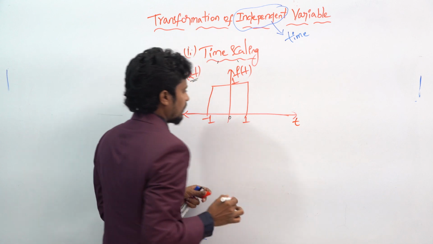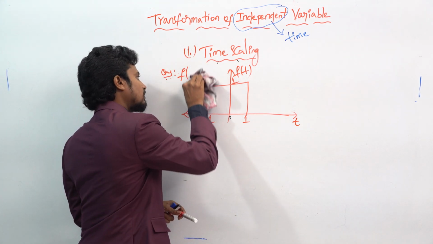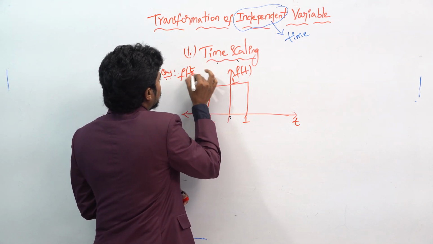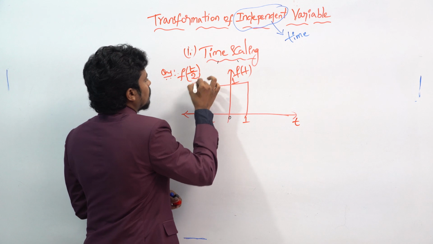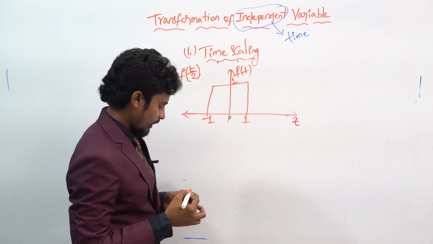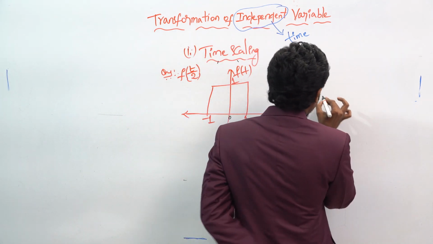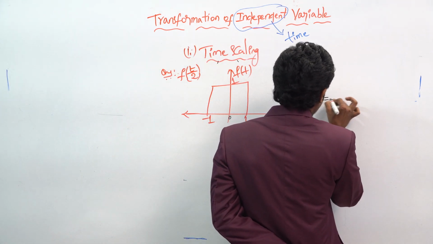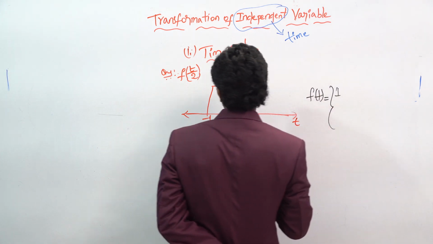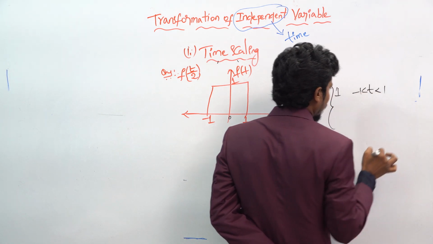So this will be the t, and here this will be t divided by 2. So what do we have to do? Here also you can write f of t will be equal to, the magnitude will be 1 and t in between minus 1 to 1.